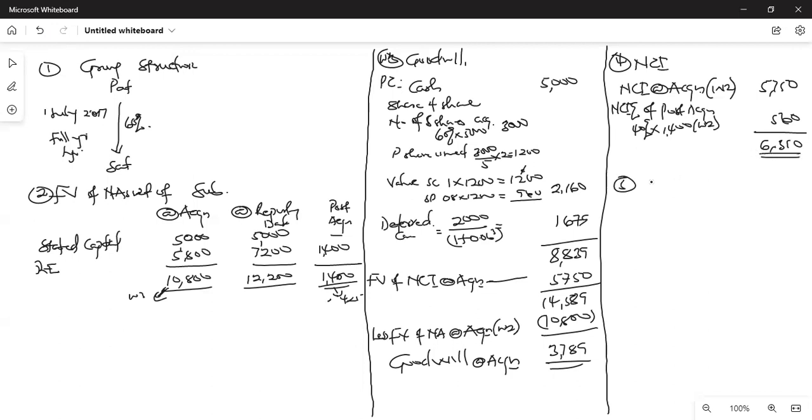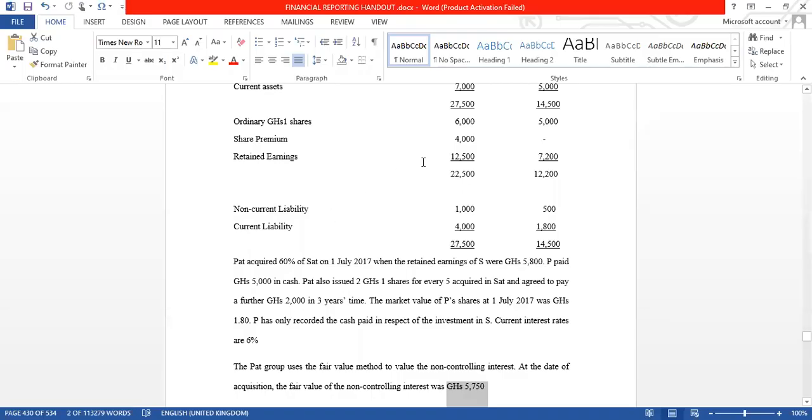Workings 5. Group reserves or retained earnings. We have the parent retained earnings, which we are picking everything. So how much was that? You have to go back and remember and or revise your format. Very, very important. Okay, so his own is 12,500. Make sure of that. 12,500.